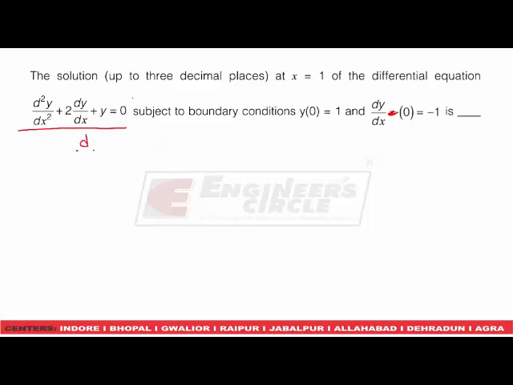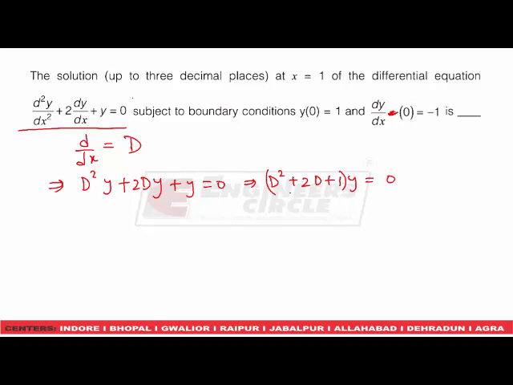So taking d by dx as differential operator D, we can say it is D square y plus 2D y plus y equal to 0, which implies taking y common, (D square plus 2D plus 1) y equal to 0, and D square plus 2D plus 1 is nothing but (D plus 1) whole square y equal to 0.